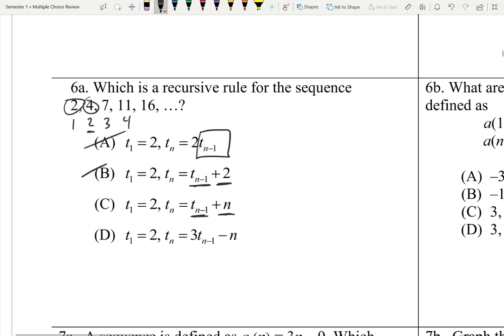Then if we move to the third term, our previous term is 4, and if we add the term we're on, which is 3, that makes 7. If we're at the fourth term, we take our previous term, which is 7, and add 4 to it. That makes 11, so it would be C.